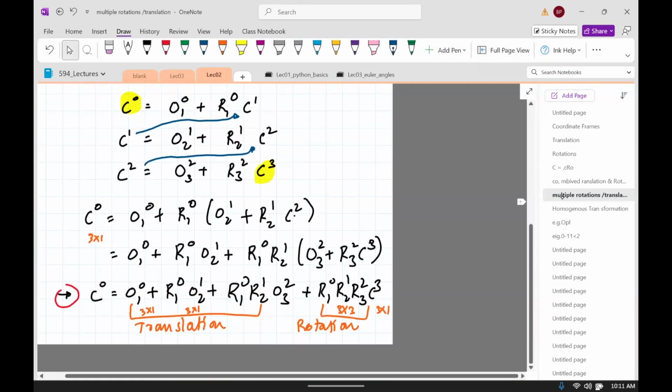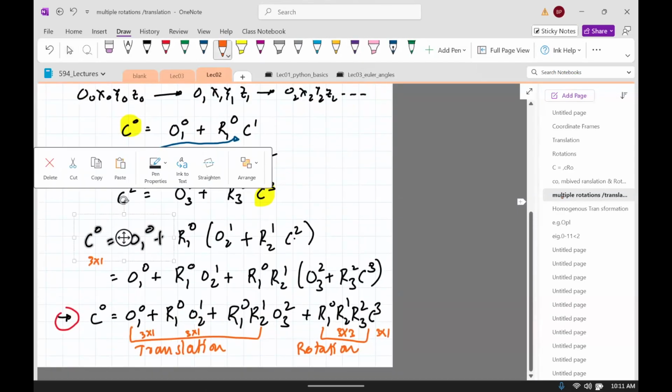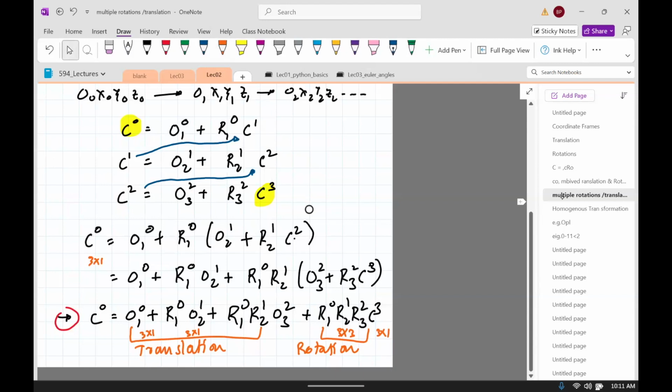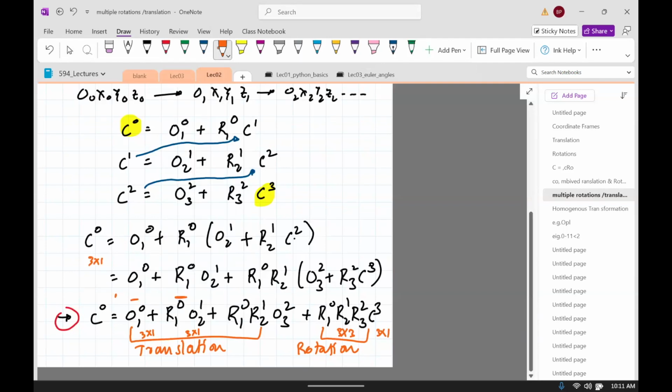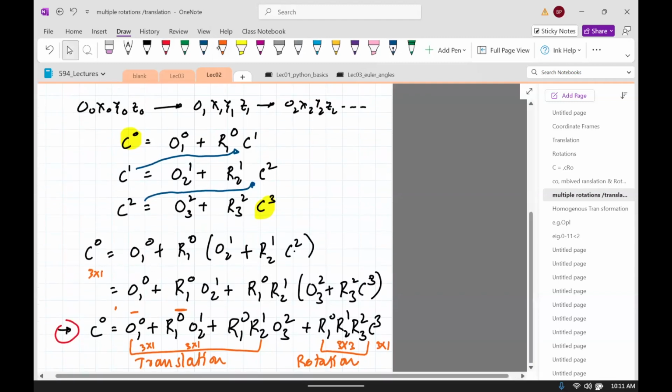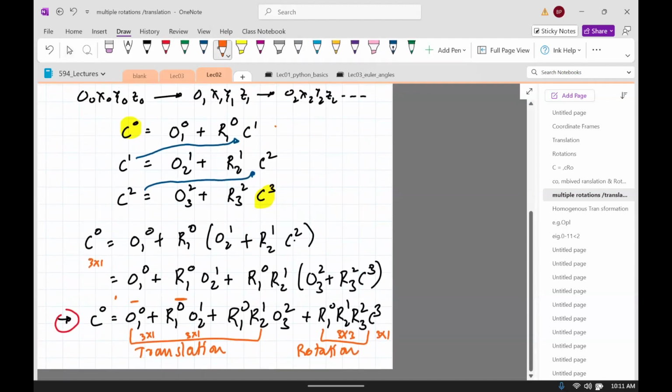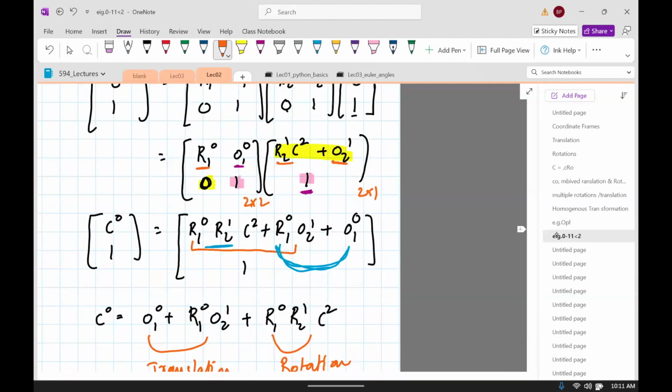Well, I did an extra step here. So here I actually took 3 frames, but if you just take 2 frames, then you'll see that it appears here and here. That would be the first part, and then this one will not have the R32, it will just have C2. In other words, if you take these two and combine them, you will see that the formula which you end up with is the same as this formula.